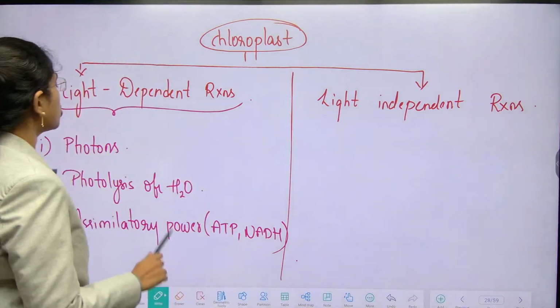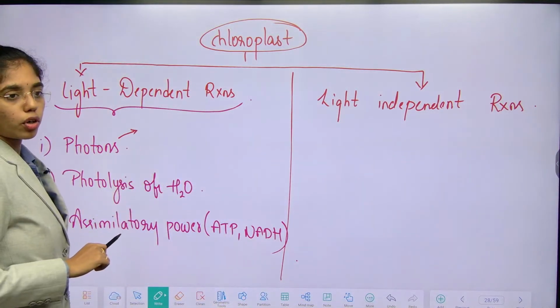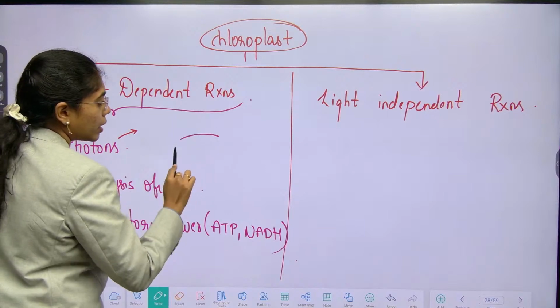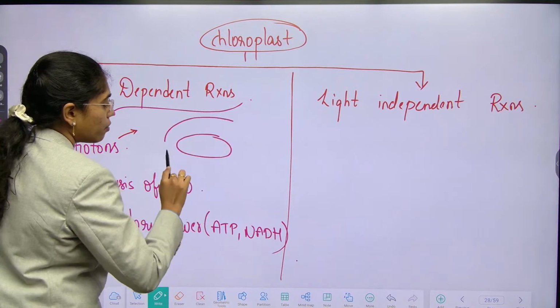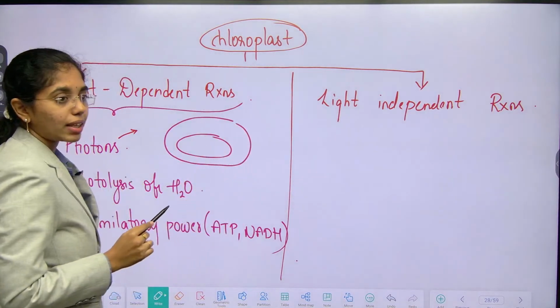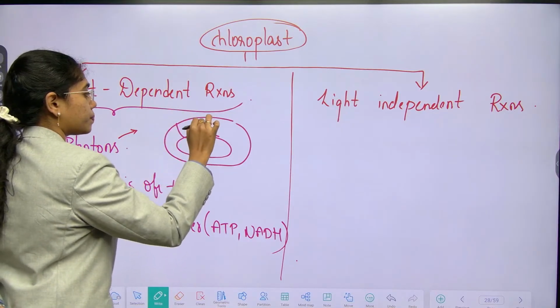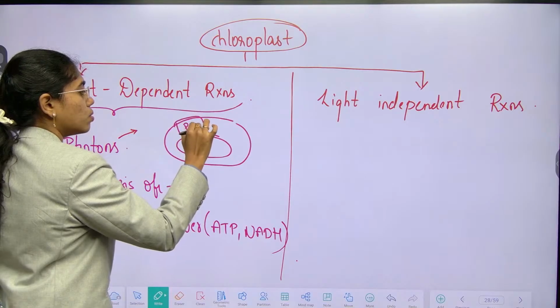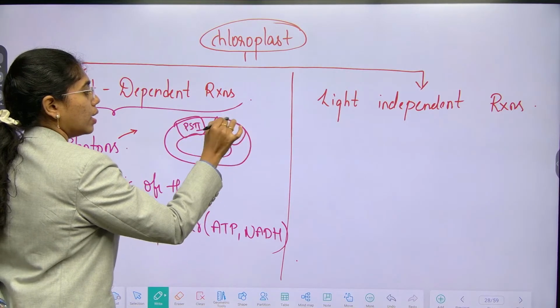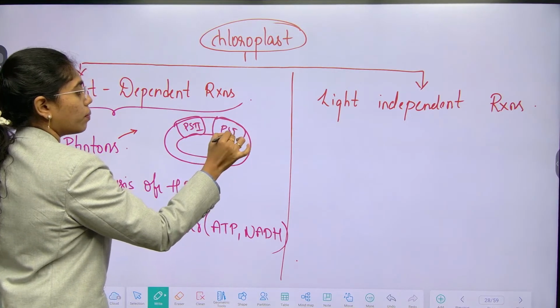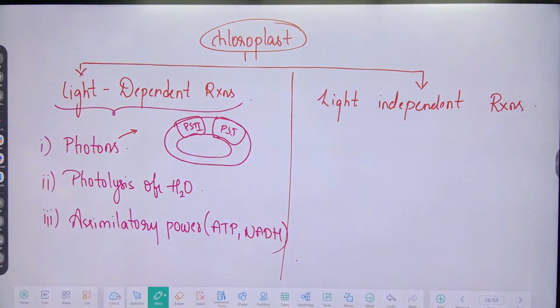Where is absorption of light in the form of photons taking place? Thylakoid has a membrane known as thylakoid membrane or thylakoid lamellae. It consists of photosystems PS2 and PS1. They have light harvesting complexes, which trap the light.